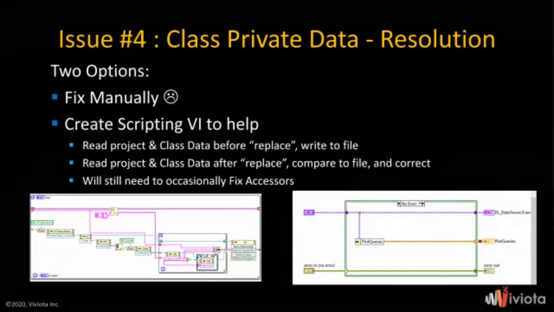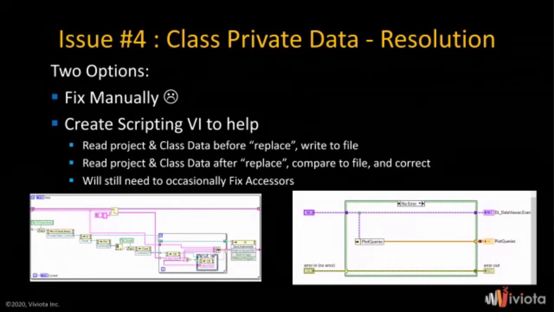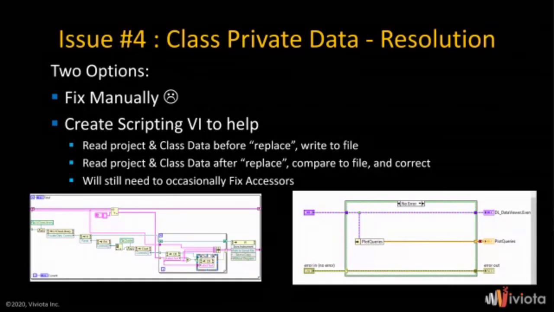What we ended up doing for this is we wrote a small utility that, before you do the replace, pulls all the names of all the objects inside of the classes and writes them to file. Then after we do the replace, it compares that to the result and fixes any names. Sometimes we still had to go back and manually fix accessors, but it helped a lot.